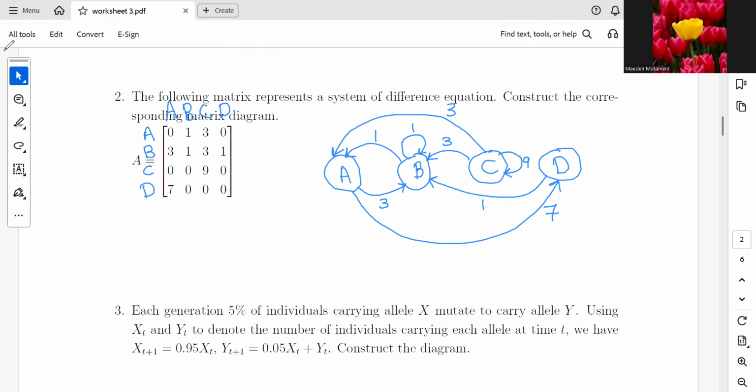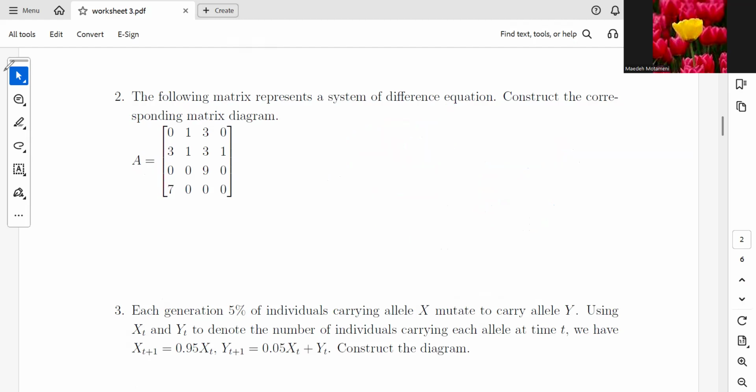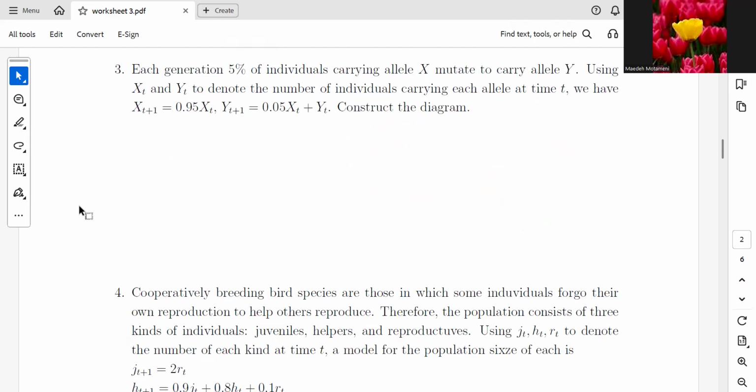Number 3. We have 2 equations here. For the first one, it says x sub t plus 1 is equal to 0.95 times the previous step, which is x sub t.